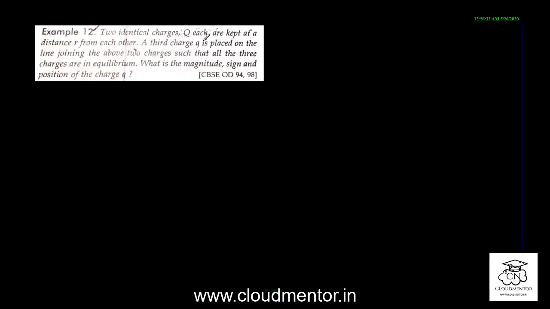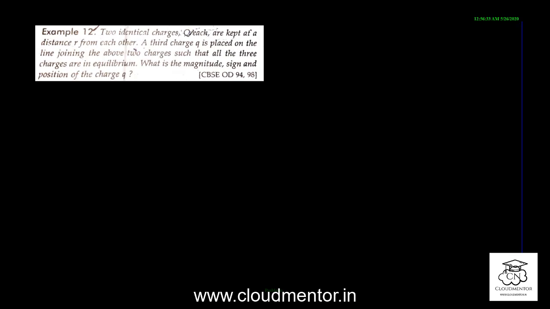Two identical charges Q each are kept at a distance r from each other. A third charge q is placed on the line joining the above two charges such that all three charges are in equilibrium. What is the magnitude, sign, and position of the charge q? So that's the question.